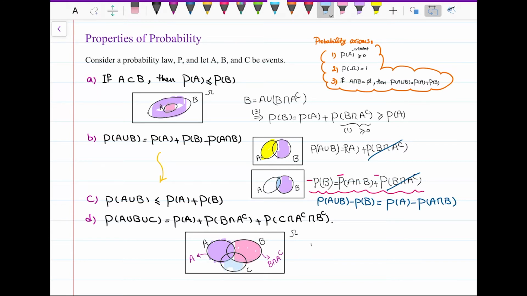And I'm gonna have the last part. The blue part is what? All the elements of C that are not in A and they are not in B. Great. So I wrote the union of three events as three disjoint unions, and so based on the third axiom, I can add them up.